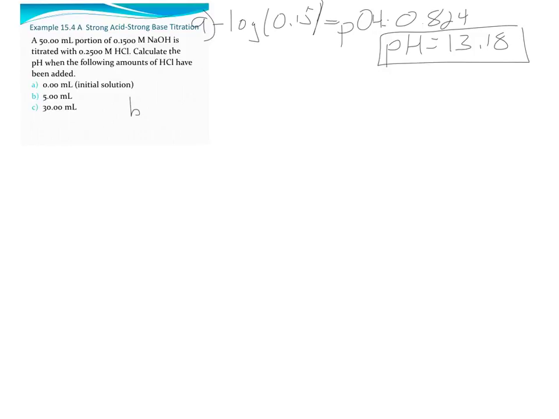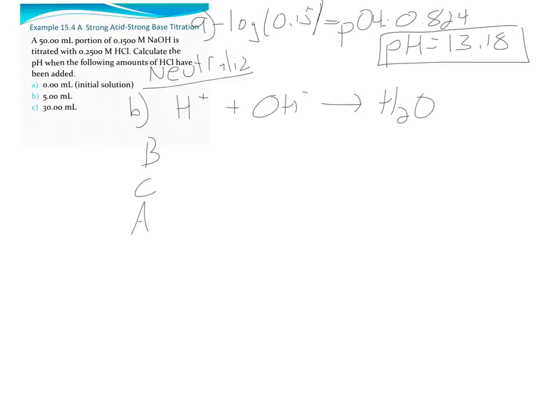So for part B, we need to worry about our actual reaction. Now we're adding the acid, and we have hydroxide turning into water. This is a neutralization, so this will be a limiting reactant problem because acids and bases react with one another almost 100%. Since there are volume changes, everything is going to be in moles.